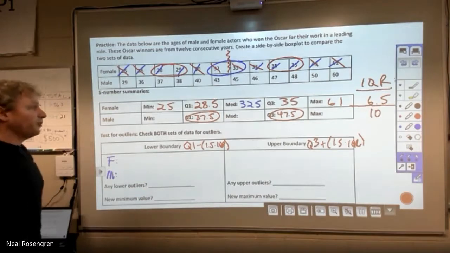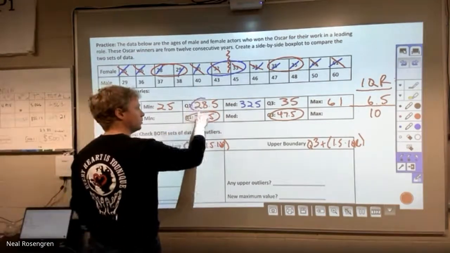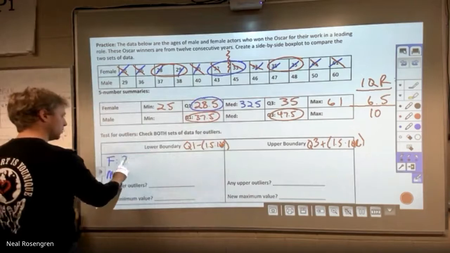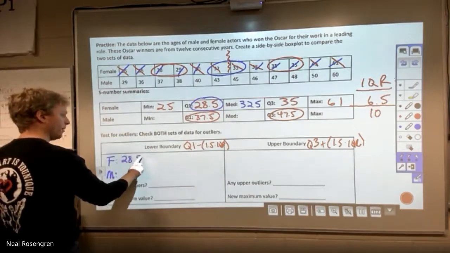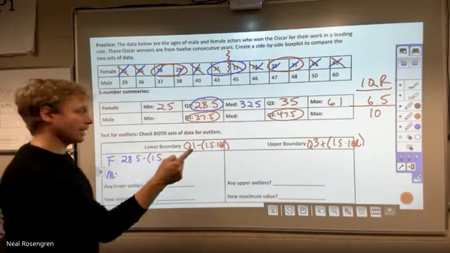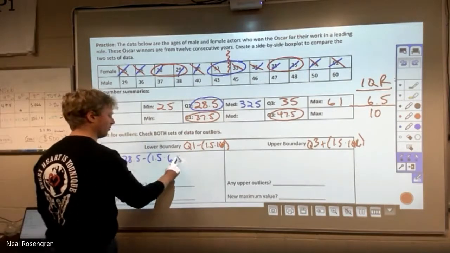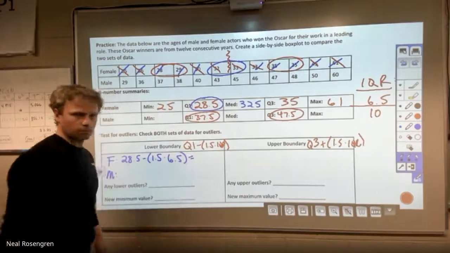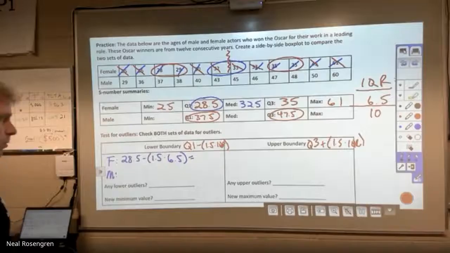So for the females, there's my Q1. So 28.5 minus 1.5 times 6.5. Okay, in the calculator, do all that.